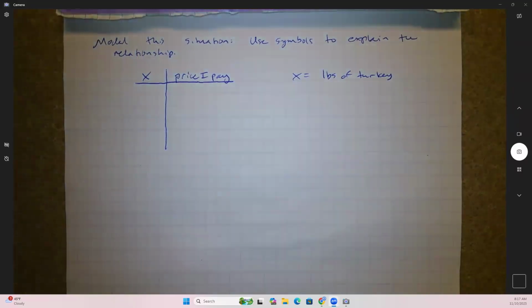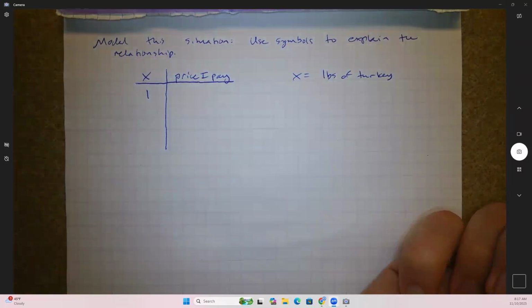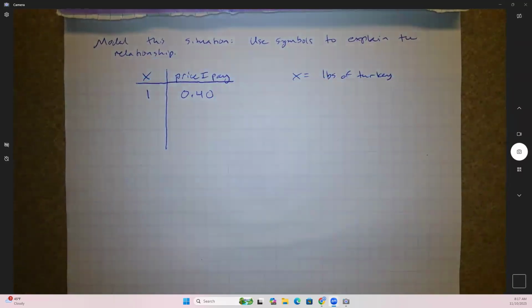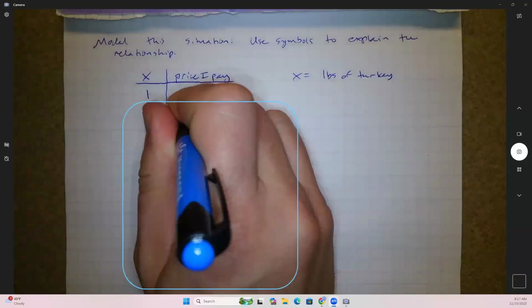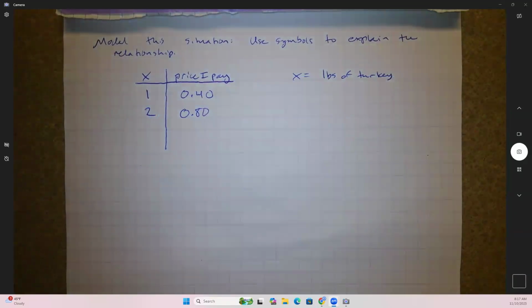And I'm going to figure out the price I pay for each pound of turkey. If my turkey weighs 1 pound and it's 40 cents a pound, I'm going to spend 40 cents. If it weighs 2 pounds, I'm going to spend 80 cents.